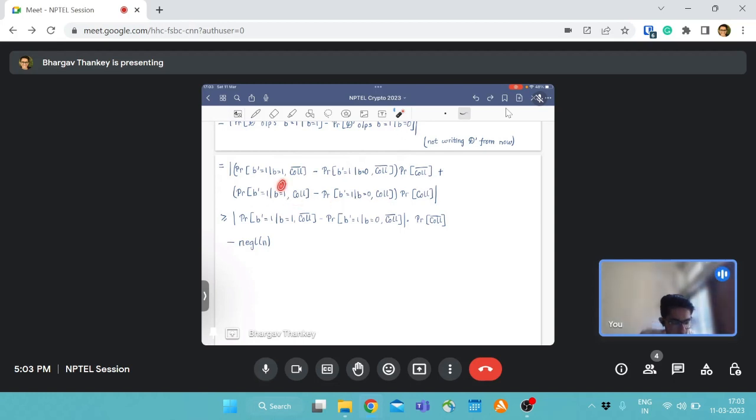So when this is 0 and this is 1, this entire thing would be minus 1 and this entire thing would be minus negligible. So we have the absolute value of a positive quantity minus negligible, which is just this quantity. So is it clear how we can go from here to here?